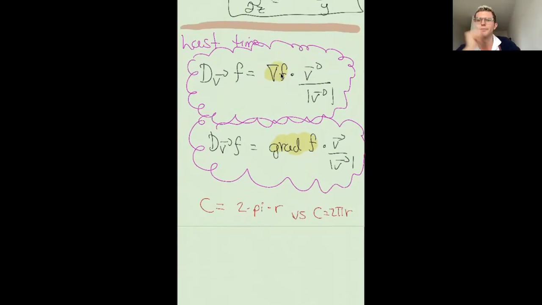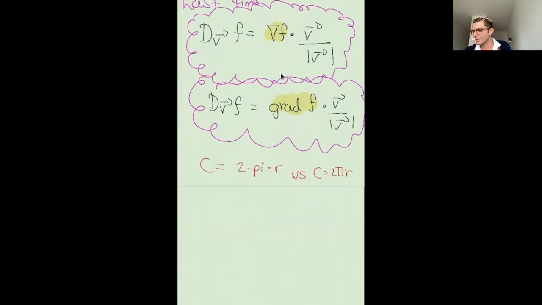Whoever came up with this in the 19th century declared it to have a triangle next to the f. But more importantly, the gradient, the grown-up version would be something like this.